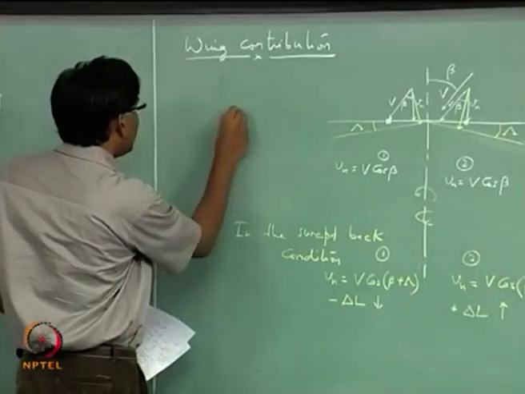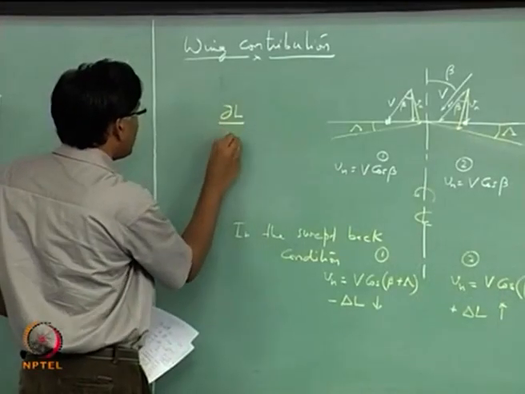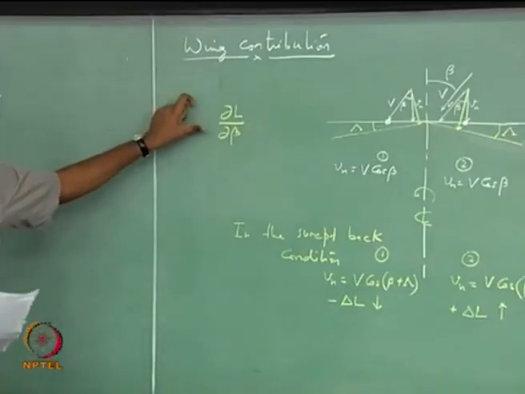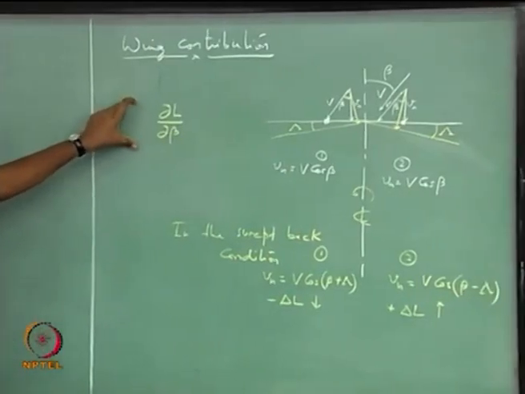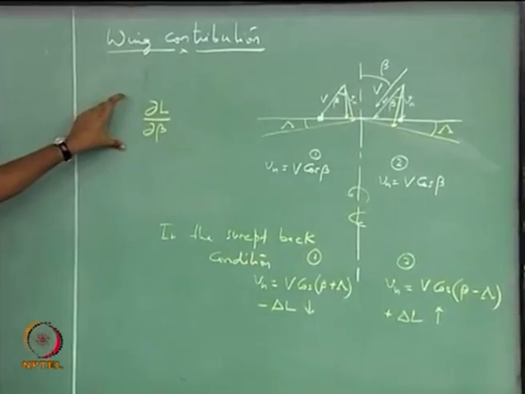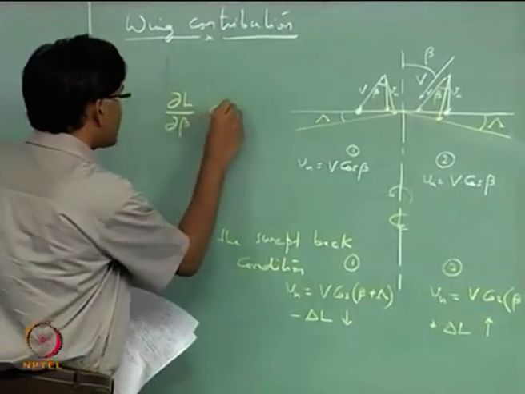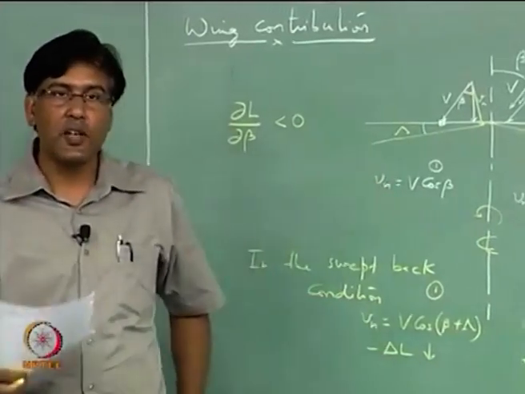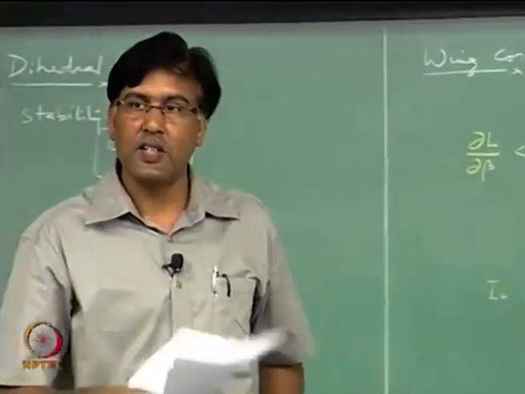So, if I want to write this, this should be negative for this particular case. So, wing sweep is actually adding to the dihedral effect, that is what we say.